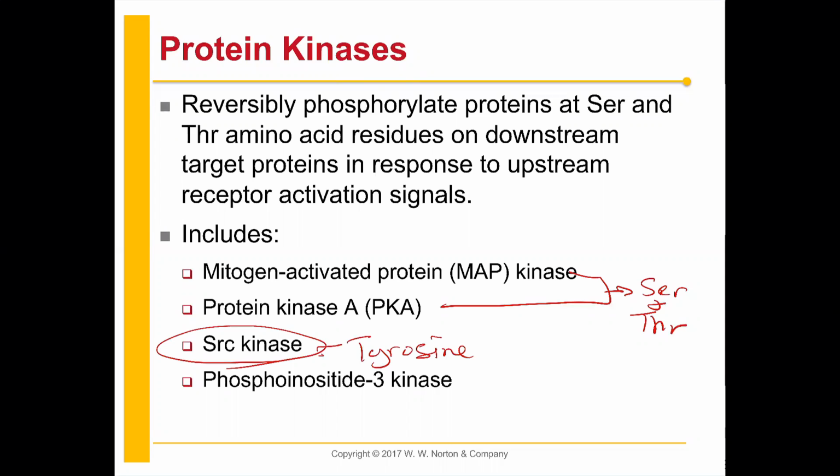And then phosphoinositide 3-kinase is activated by insulin receptor signaling, and it phosphorylates the carbohydrate functional group of phosphatidylinositol, a phospholipid that's in some membranes. So you just have to remember it's not always going to be serine, threonine, or tyrosine phosphorylation. There are some examples where other things are phosphorylated.